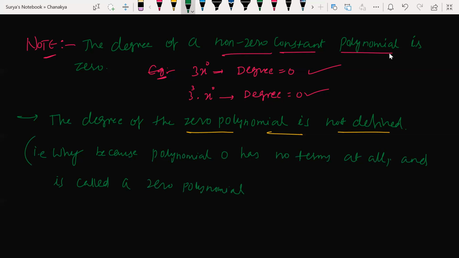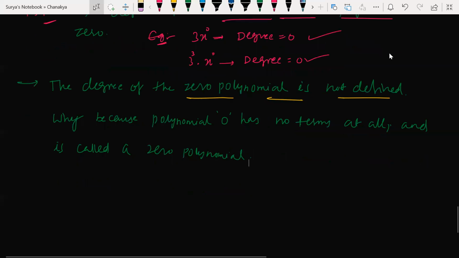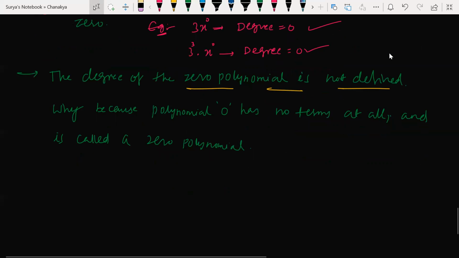Because polynomial 0 has no terms at all and is called zero polynomial. Okay. Yes. Hope it is clear. Understood my point?